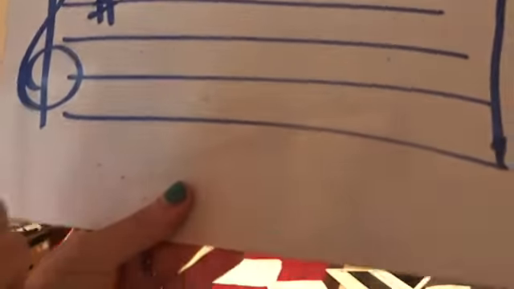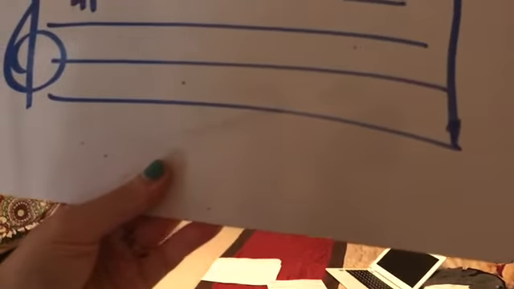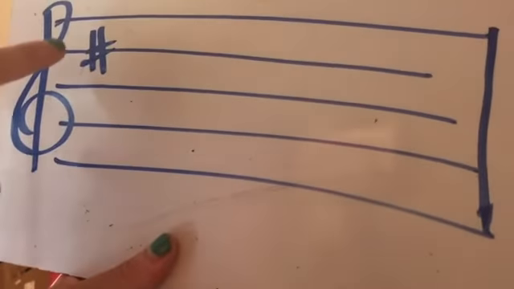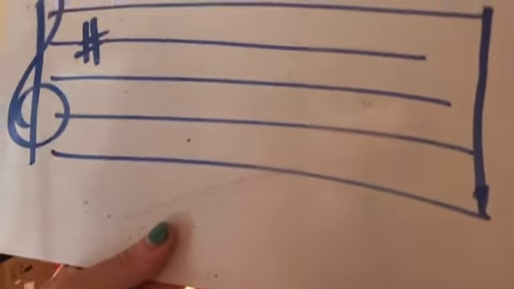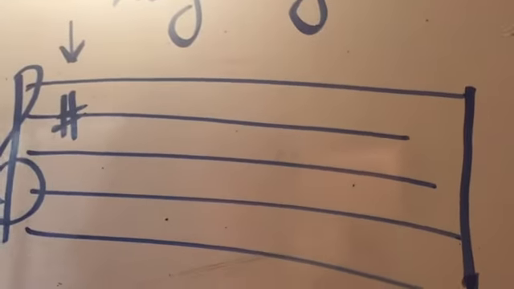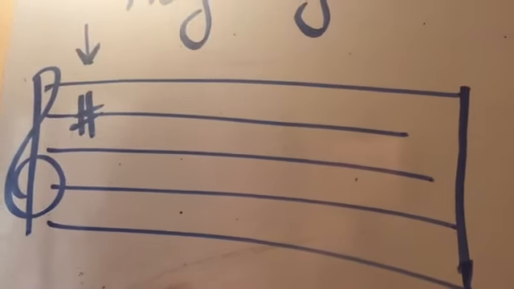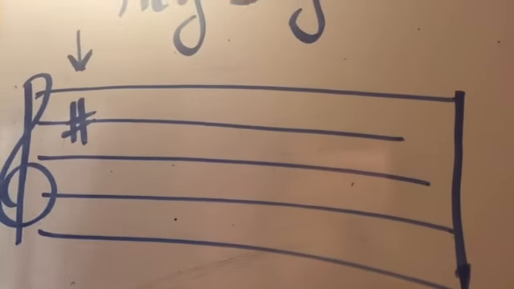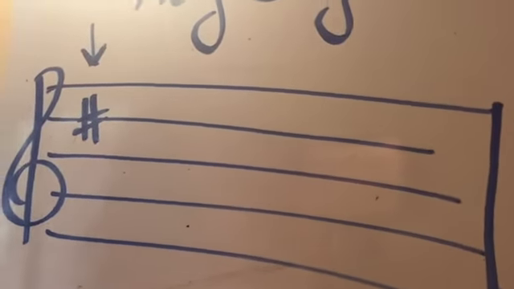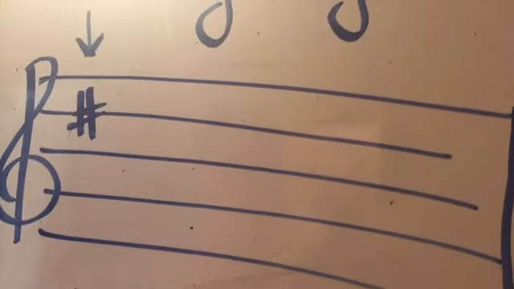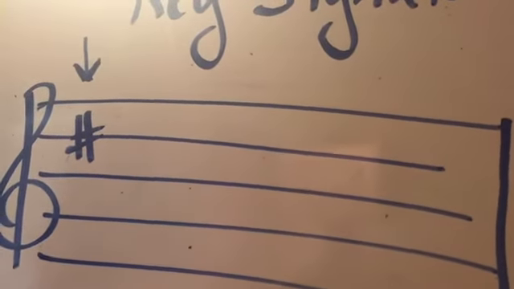If I had another staff under here, going on to line 2, you would also find the key signature written there. The purpose of the key signature tells us how many sharps or flats there are in a song. A sharp, which is what I have here, will raise a note by a half step.